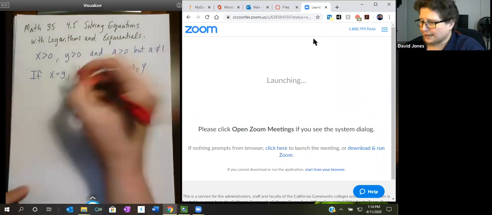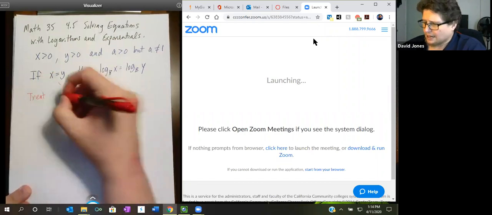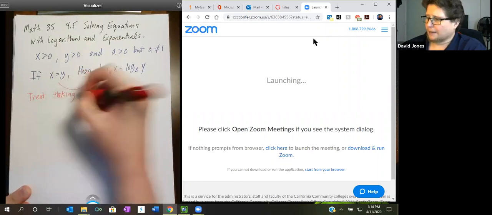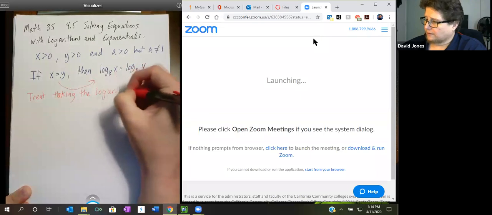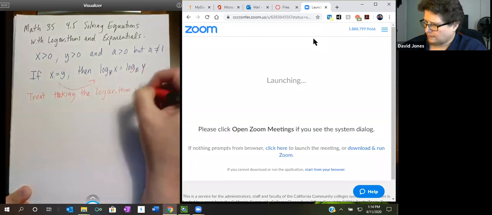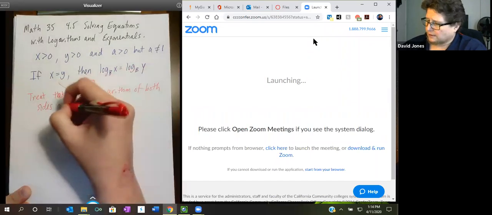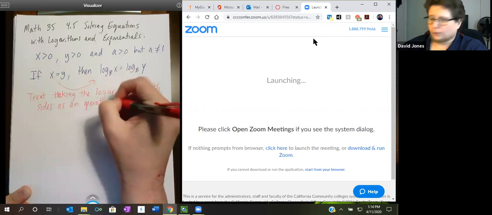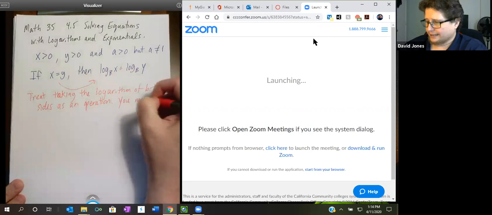This is almost like saying treat taking the logarithms of both sides as an operation. The only requirement is you must use the same base on each side.